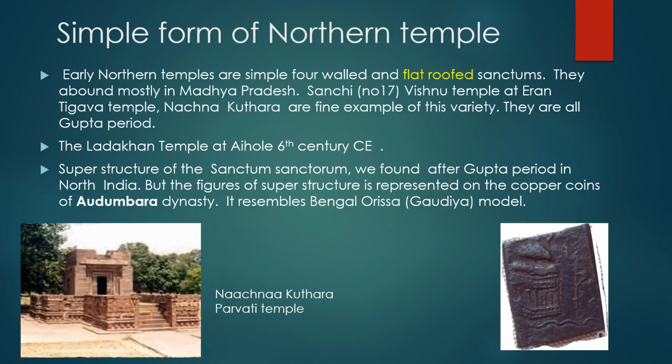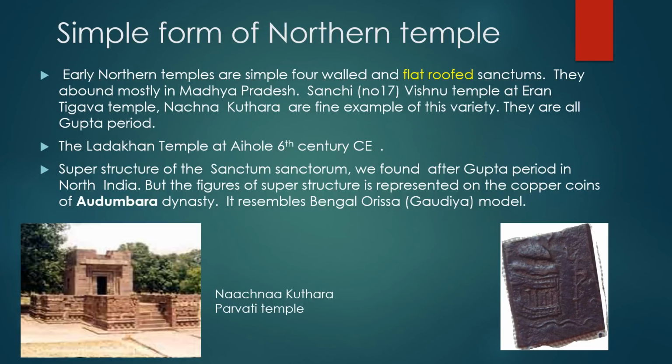The simple form of North Indian temple. Generally, the early North Indian temples are simple, four-walled and flat-roofed sanctums. They abound mostly in Madhya Pradesh. Most of the temples in Madhya Pradesh have flat-roofed sanctums.